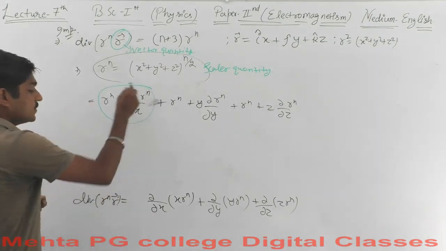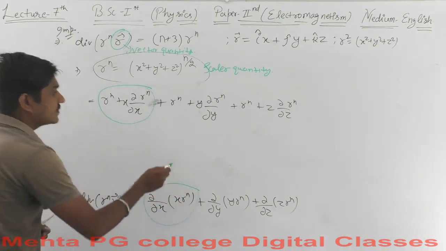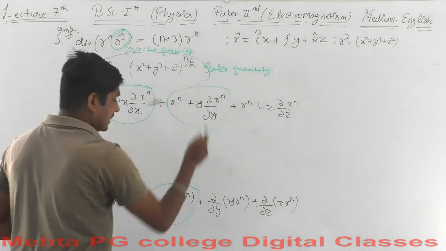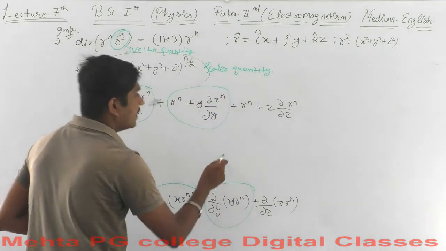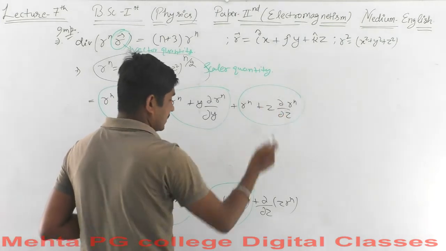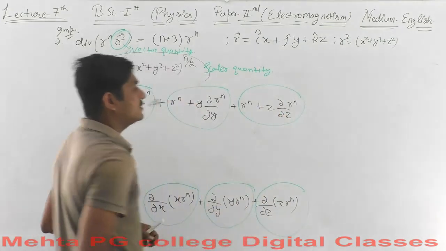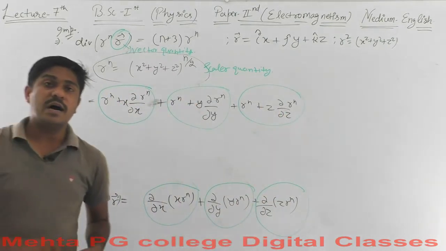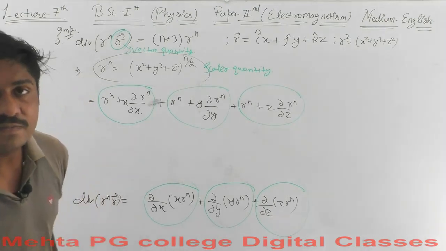This particular value is the solution of this, and this value is the solution for this. I think now you can better understand.